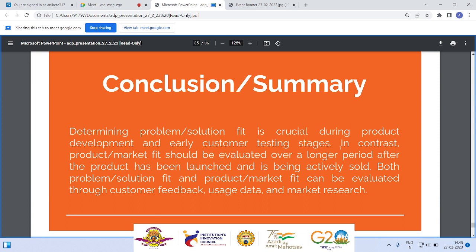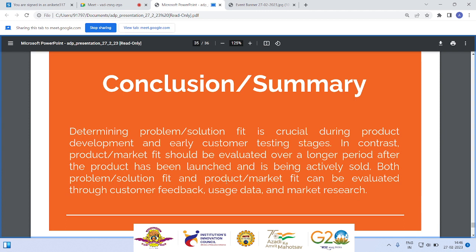So to conclude, on my part in this seminar, determining problem solution fit is crucial during product development and early customer testing stages. In contrast to that, product market fit should be evaluated over a long period after the product has been launched and is being actively sold.